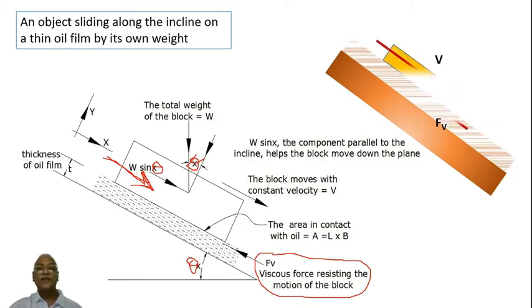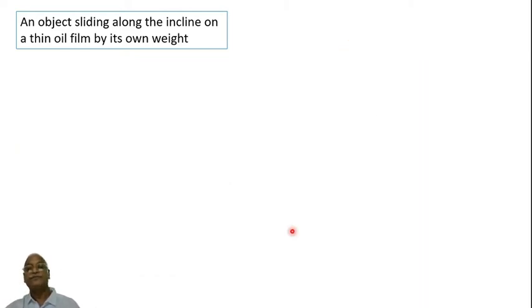So W sine x, the component parallel to the incline, helps the block to move down the plane. The block moves with a constant velocity downwards. Because of that, the net force has to be equal to 0, right?